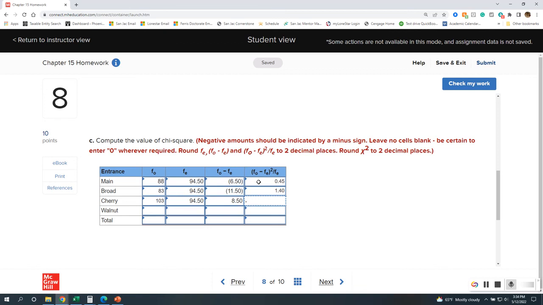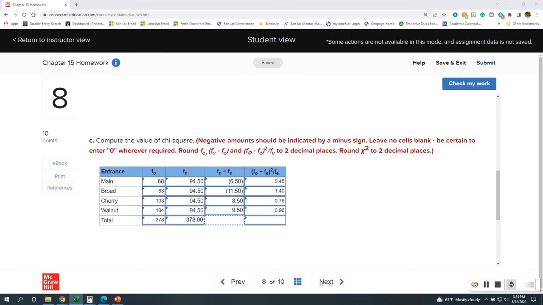And 0.76. Walnut 104. And 0.96. Alright, then totals 378, 378.